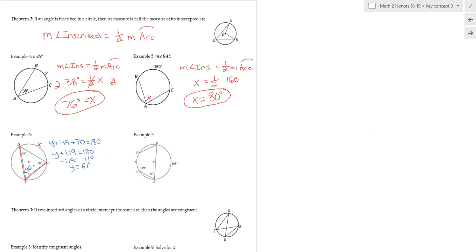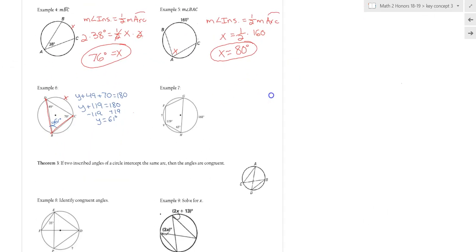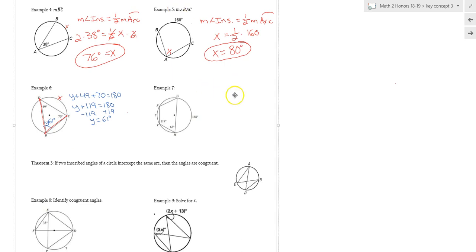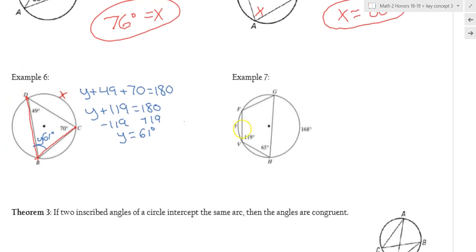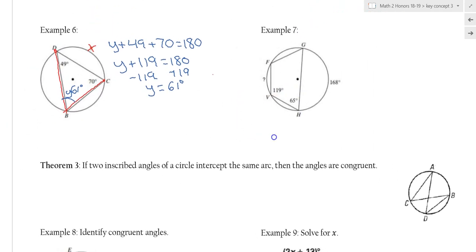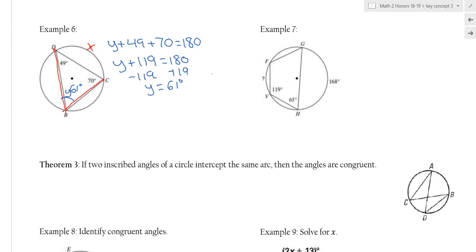So now I know that angle, so now I can use that angle to find x by using again the measure of the inscribed angle equals 1/2 times the measure of the arc.